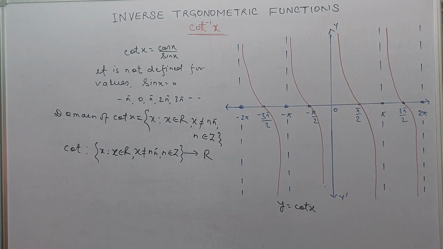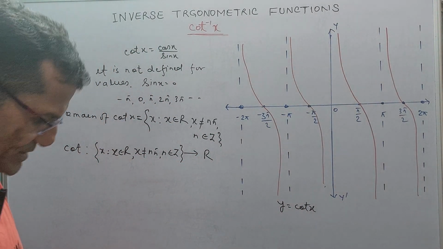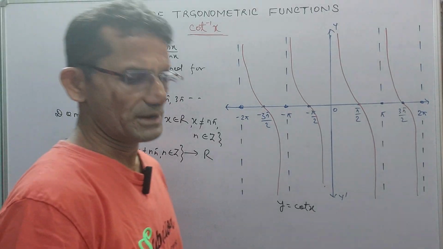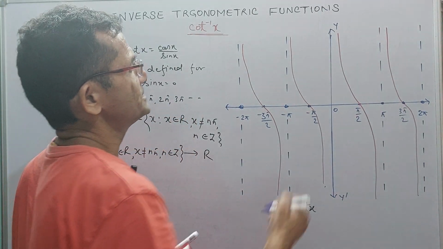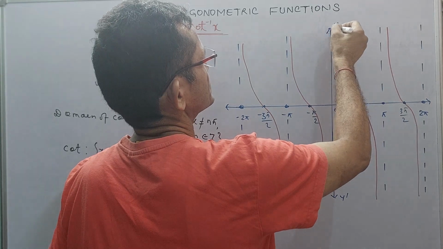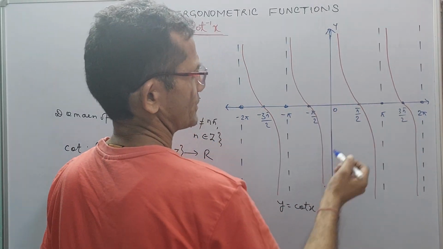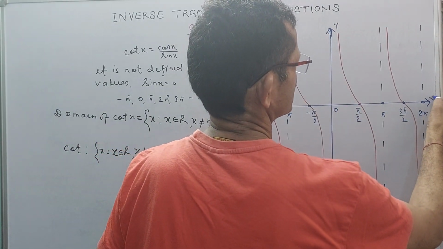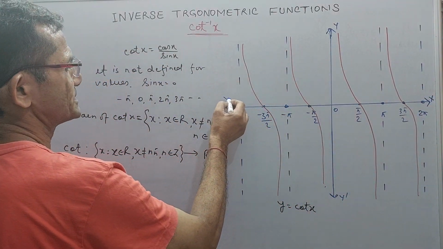So now if I restrict the cot function to particular intervals, and this is the negative x-axis.